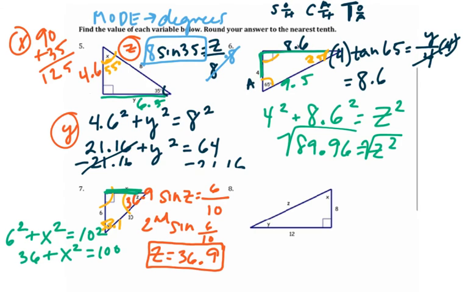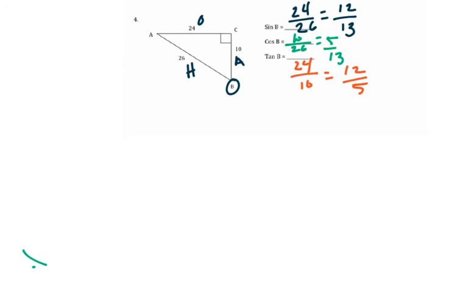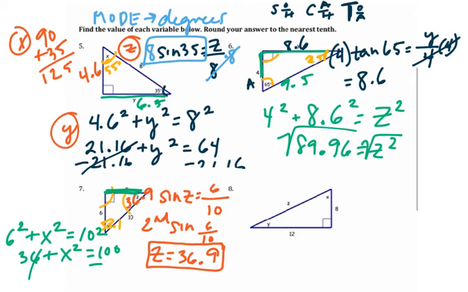Minus 36. 100 minus 36 is 64. How nice. So that means that x is 8. Okay, so we solved for each piece.